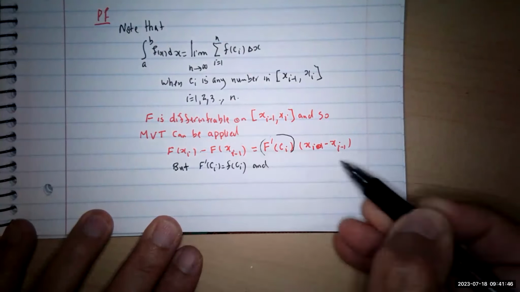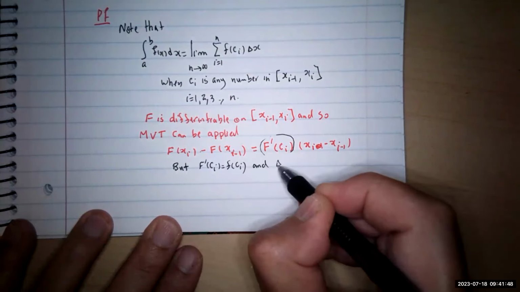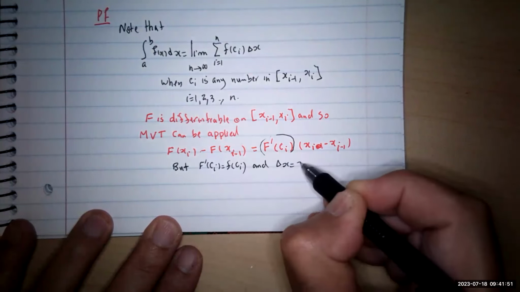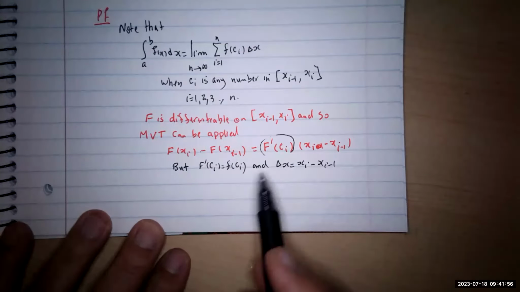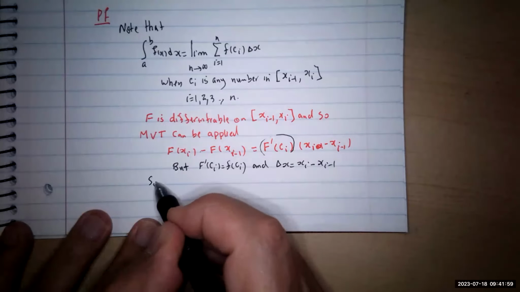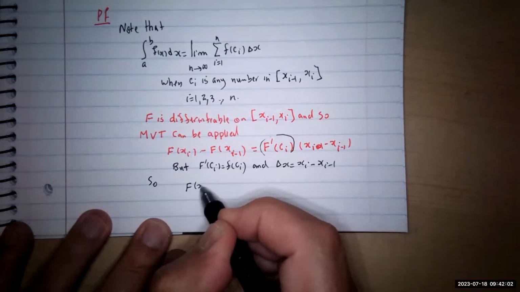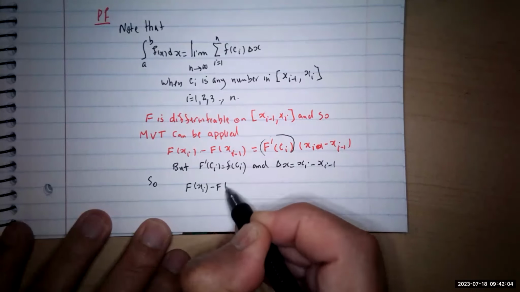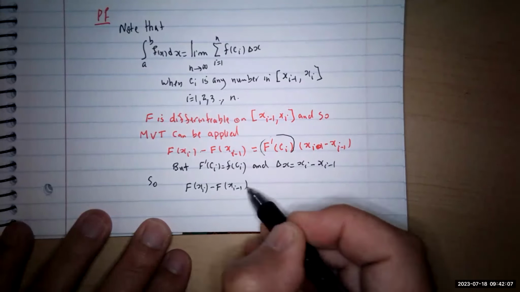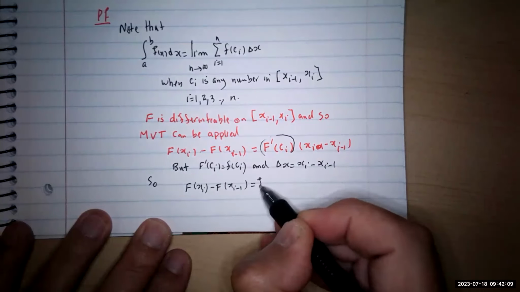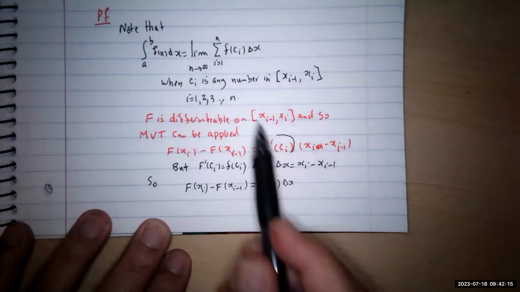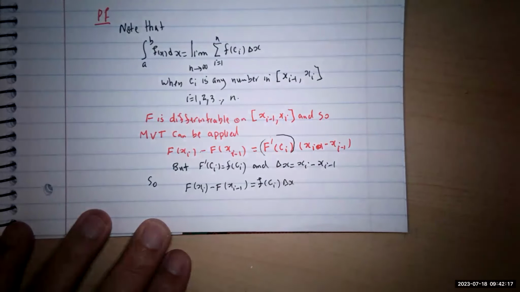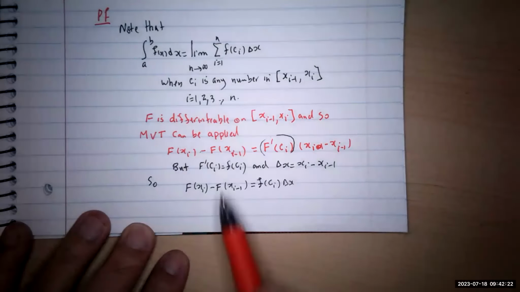And this is just delta x, where delta x is equal to x sub i minus x sub i minus 1. If you put them together, this is what you have: F of x sub i minus f of x sub i minus 1 is equal to f of ci times delta x. You see, I connect them together here. This is a proof that was done by Cauchy. Take the sigma of both sides, and you get what you want to prove.